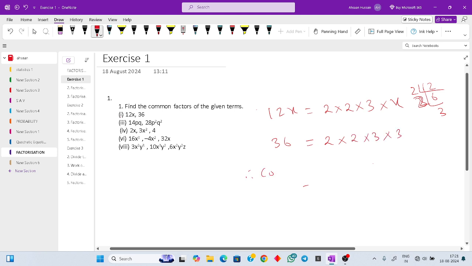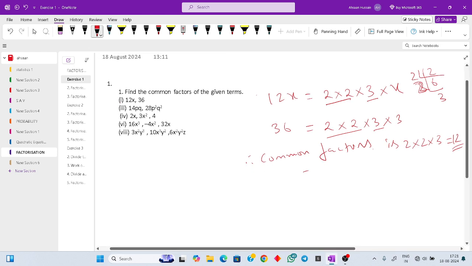Therefore, two 2's are common and one 3 is also common. So write 2 into 2 into 3, that is 12. So the common factor between 12x and 36 is 12.